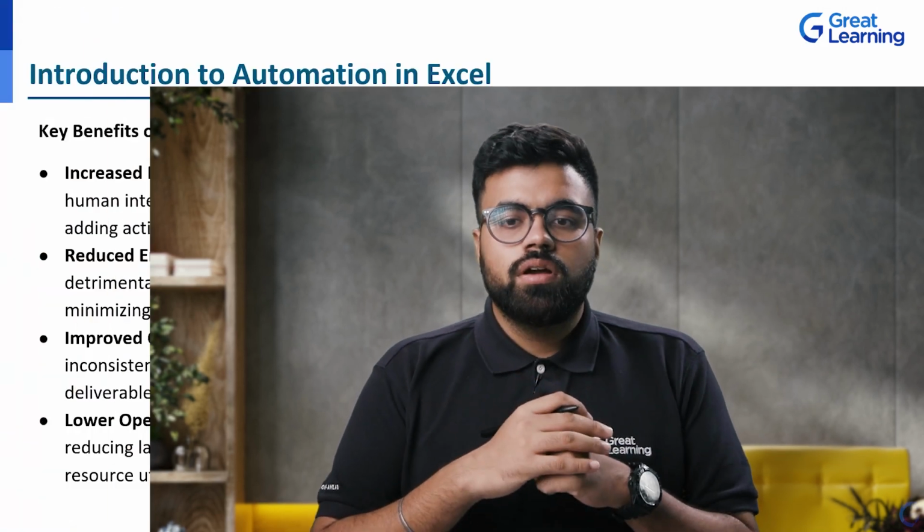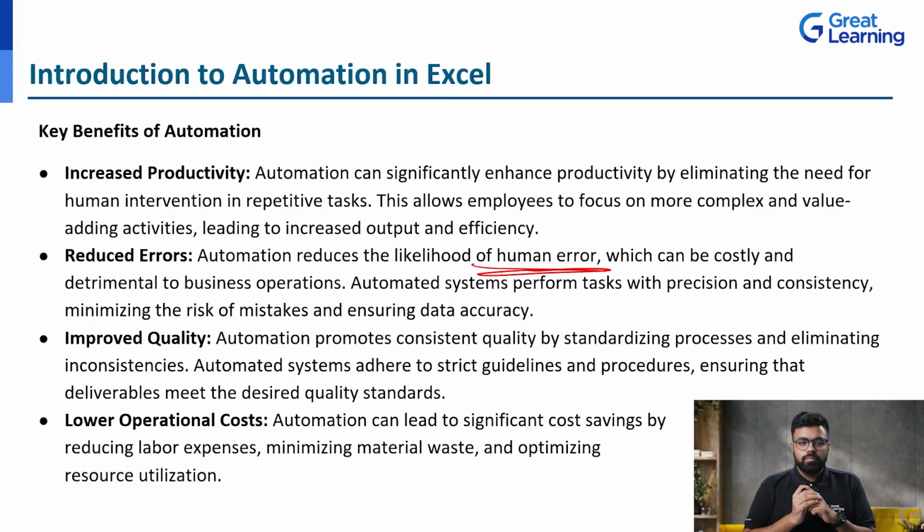There is always a scope of human error and that can be significantly reduced by the use of automation, since errors can be costly and detrimental to business operations. Automated systems perform tasks with precision and consistency, minimizing any risk of mistakes and ensuring the data is accurate.